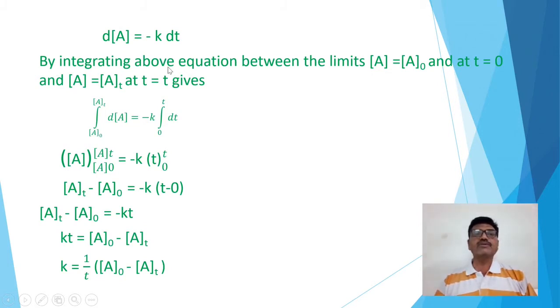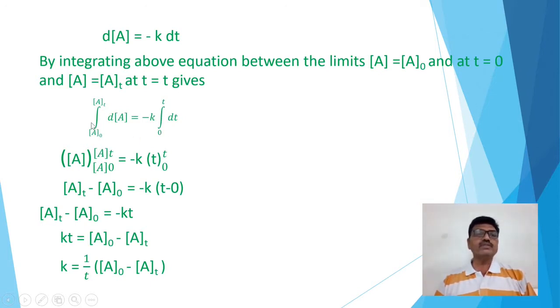By integrating the above equation between the limits A is equal to A0 at t is equal to 0 and A is equal to At at t is equal to t, we get: integration of d[A] between the limits A0 to At is equal to minus k dt from 0 to t.